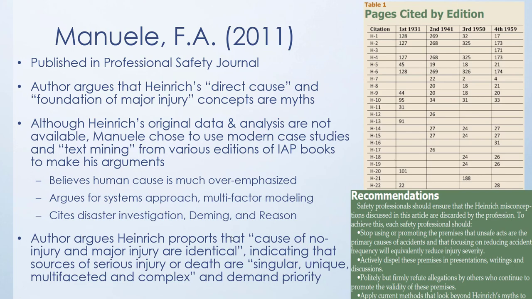So the author argues that Heinrich purports that the cause of no injury and major injury are identical. So that's, quote unquote, in the article, indicating that sources of serious injury and death are singular, unique, multifaceted, complex, and demand priority.